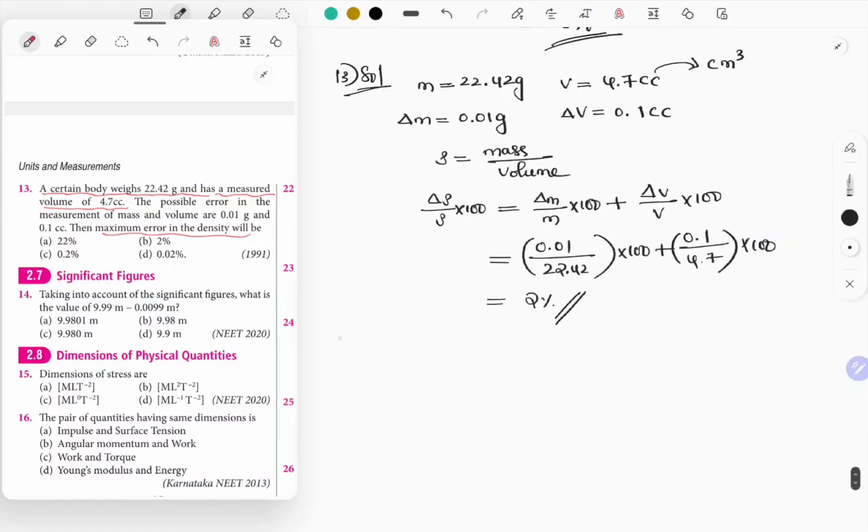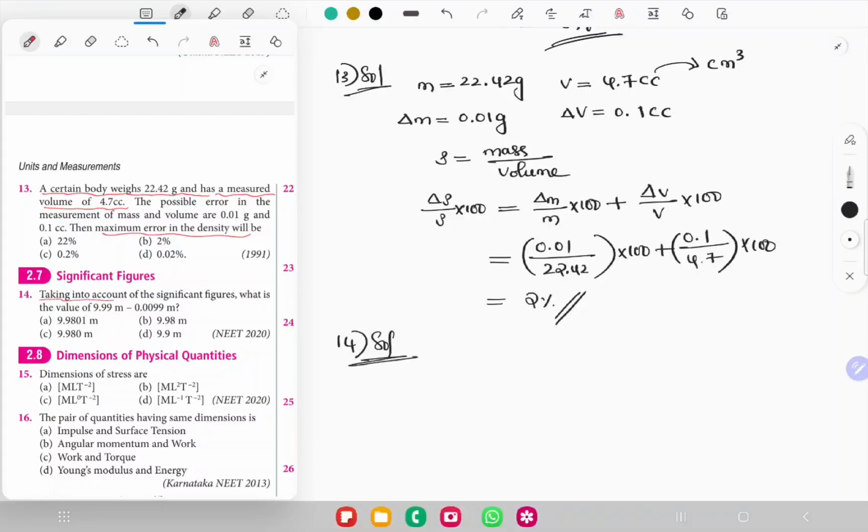Now the next question they have given is based on significant figures. Look at the data. Taking into account the significant figures, what is the value of 9.99 minus 0.0099 meter? Okay.